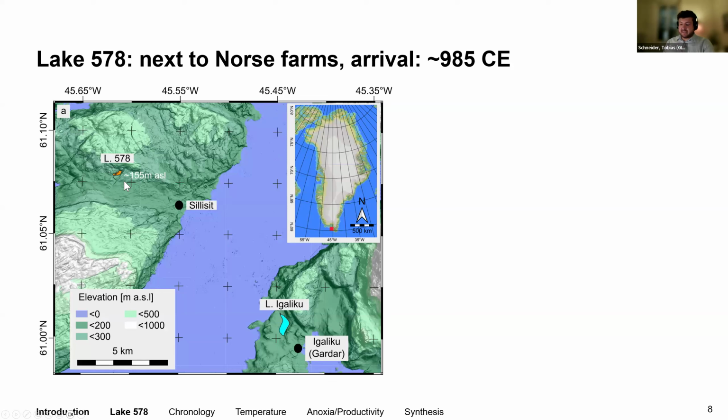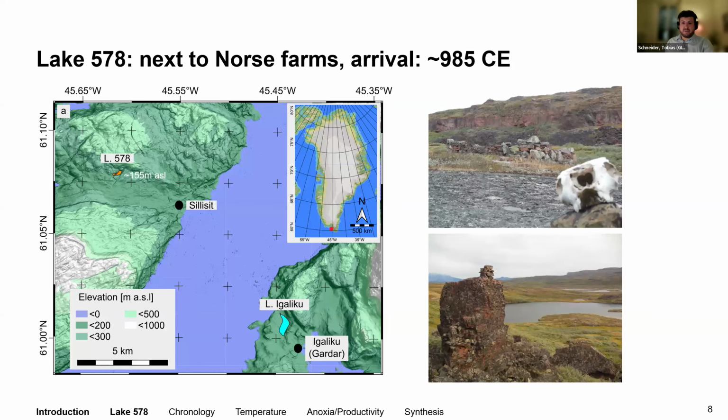It's located at roughly 155 meters above modern sea level, and it's close by a sheep farm. And also there are some ruins of Norse settlements directly in the watershed. So these ruins are stables for sheep farming.